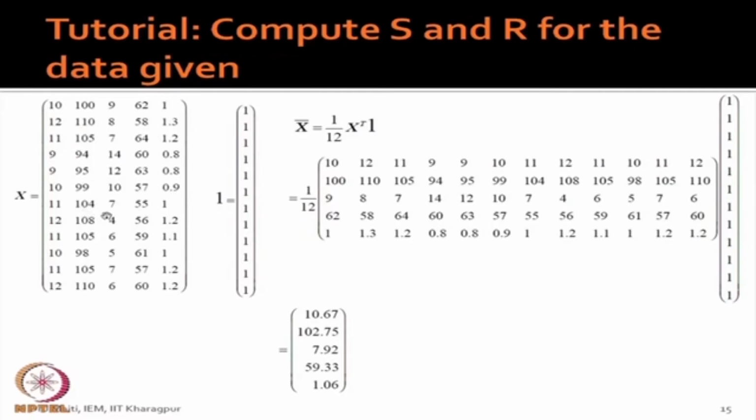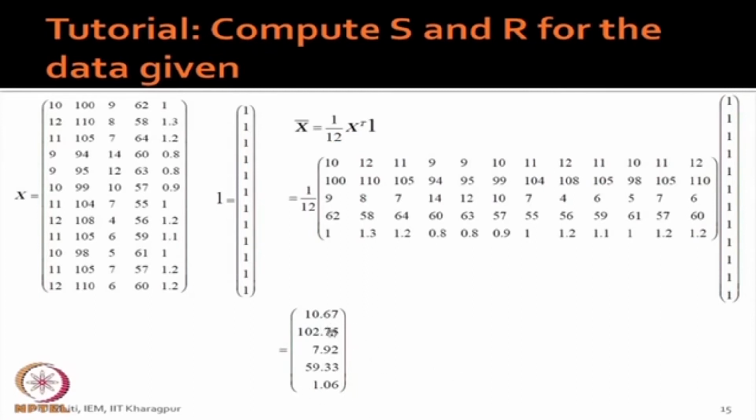I want to compute the mean. As there are n data points, I created one unit vector with n data points. My n is 12 here, so it is a 12 cross 1 vector. Then x bar is 1 by 12 times X transpose 1. When I multiply, I got these values.